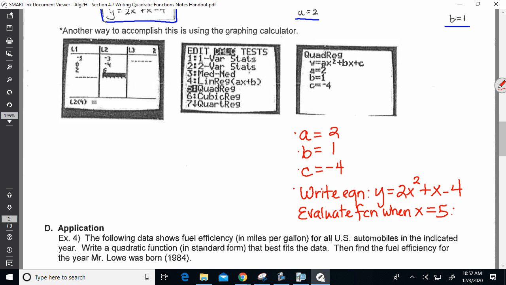I'm going to find out whether or not you got the right function. So, x is equal to 5. That means you're going to take 5 and plug it back into that function. So that's 5 squared, 25 times 2, 50, plus 5, 55, minus 4, 51.